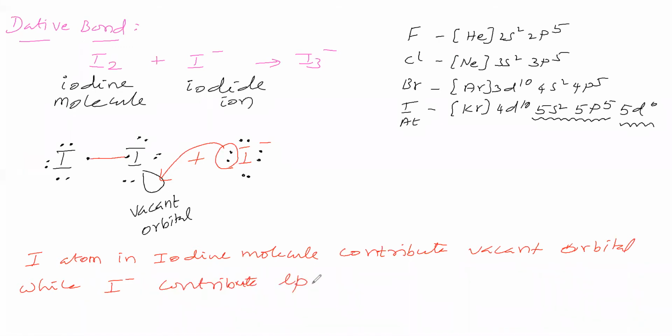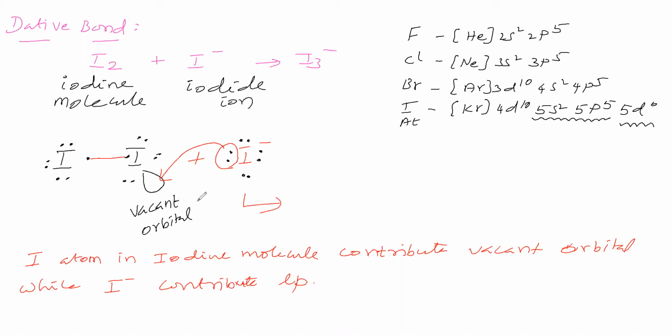Which vacant orbital? We have to write its name. No doubt it is a hybrid orbital only. That hybrid orbital, how to find, we will write after writing the molecular formation.